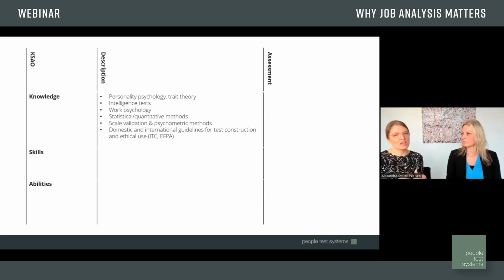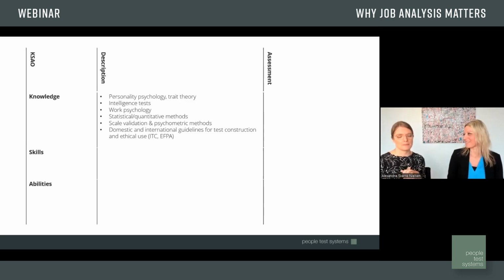But these two parts are very basic, and you need to be able to have that to rely on it, and to have it as a foundation for the work. But we are experts ourselves in personality and intelligence testing, and also in the domestic and international guidelines. So I think that part we could definitely teach someone in not too long.